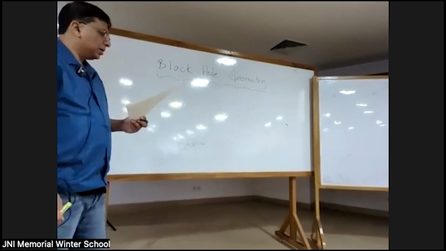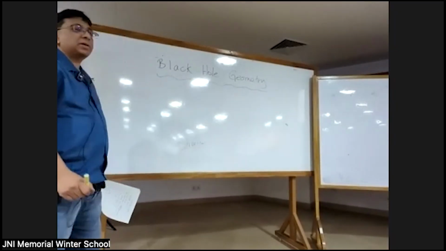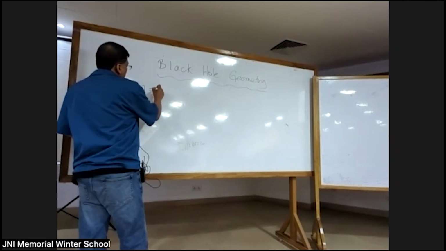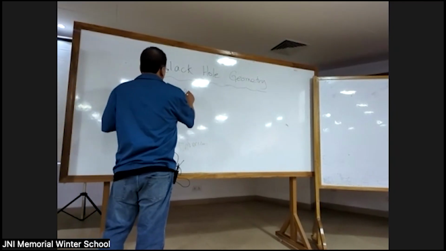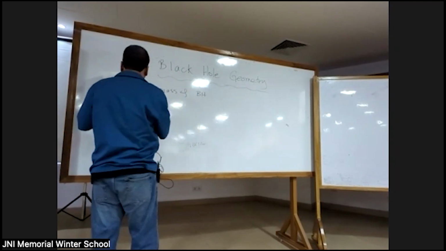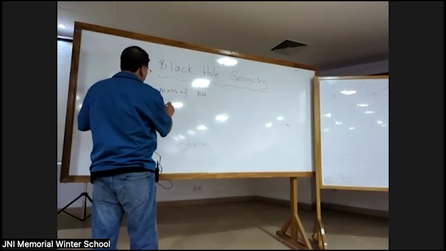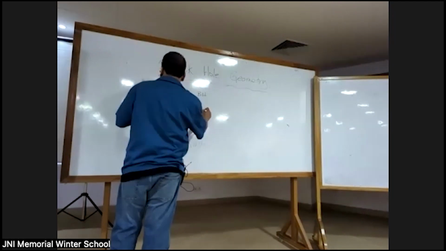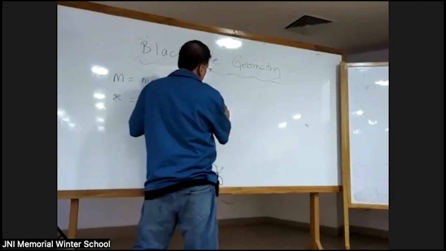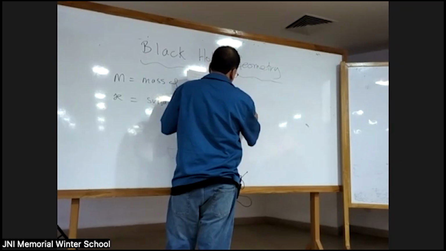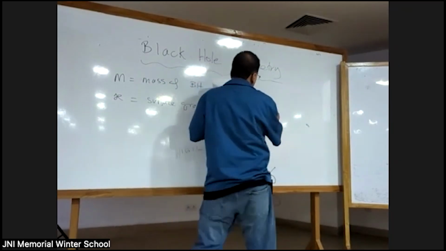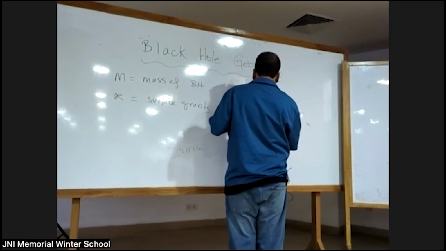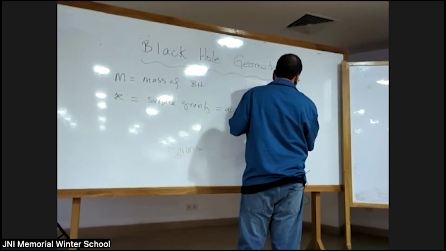First, I'll mention some of the important quantities. Here, m is the mass of a black hole. Kappa is the surface gravity, which is the acceleration at the horizon as seen at infinity.